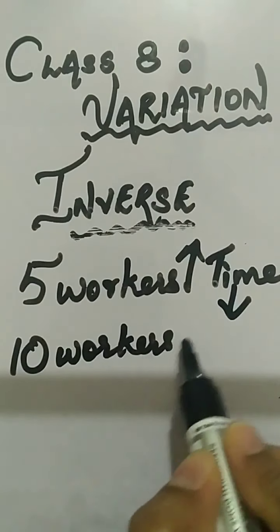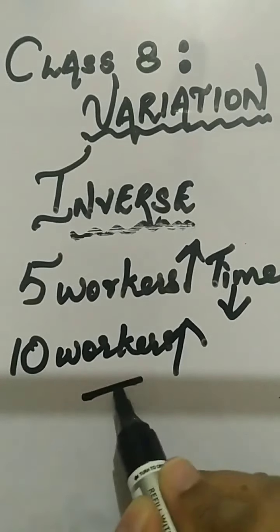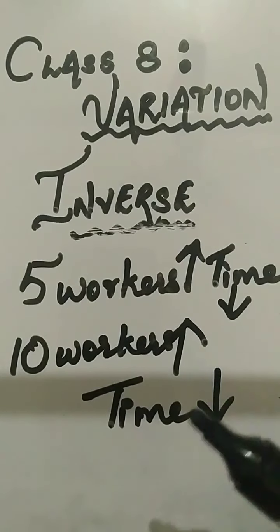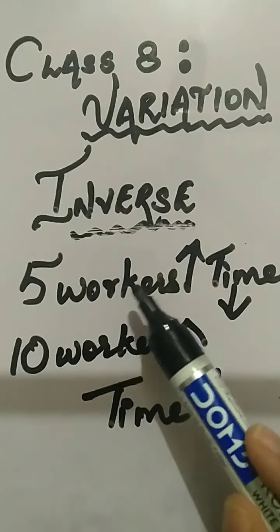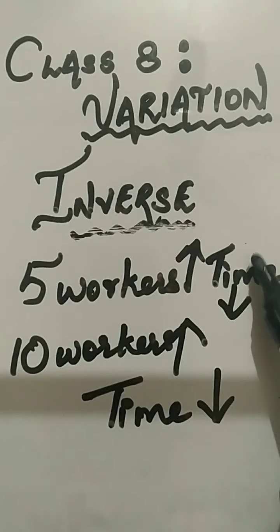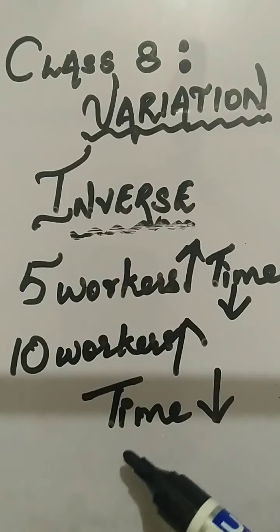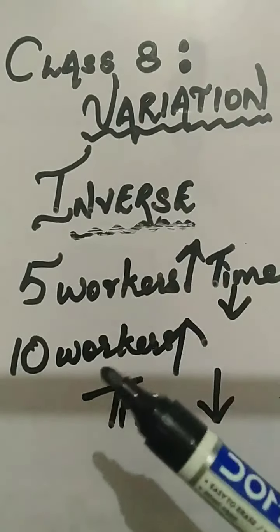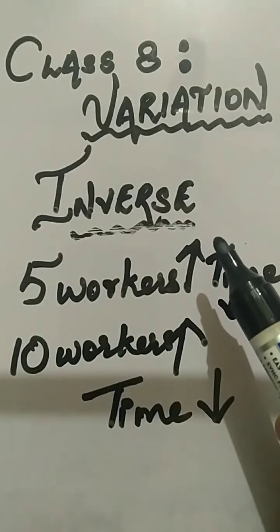If you have more laborers, you can get that work done faster. So if one quantity increases, the other quantity decreases. Such examples can be considered inverse variation.